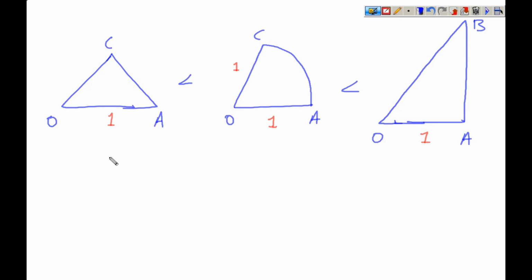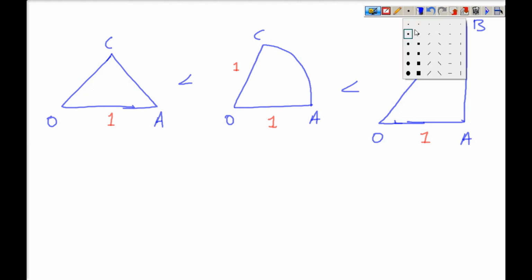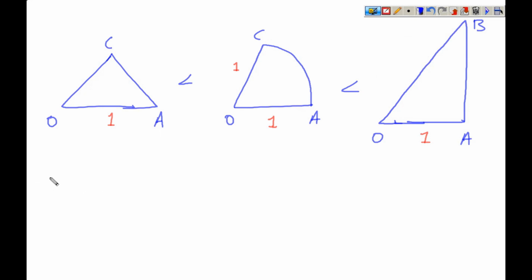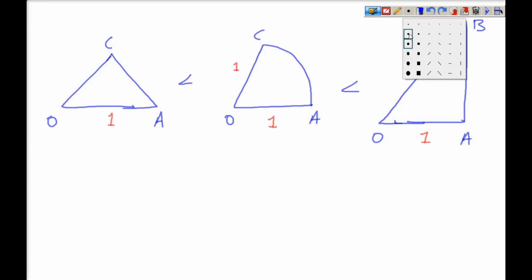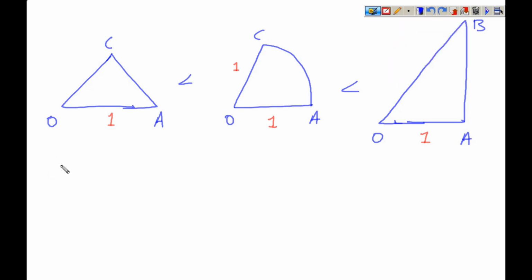So let's first write the area of a triangle is given as half of base into height. So area of triangle OAC is half of base into height, right?